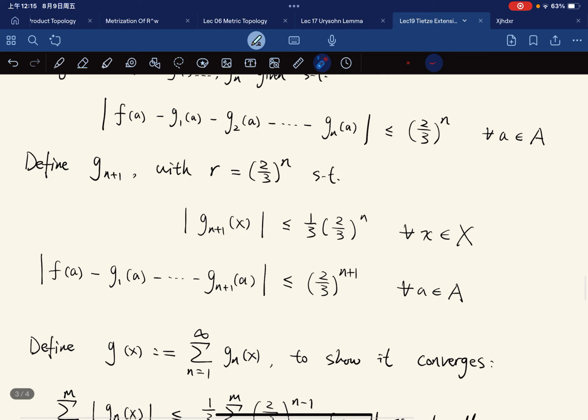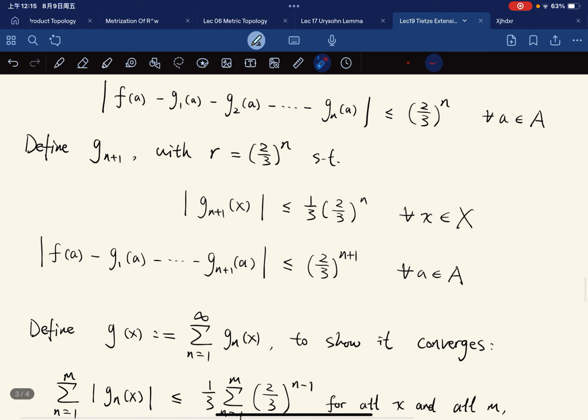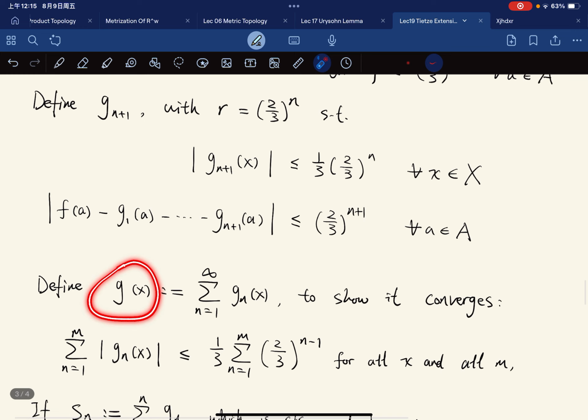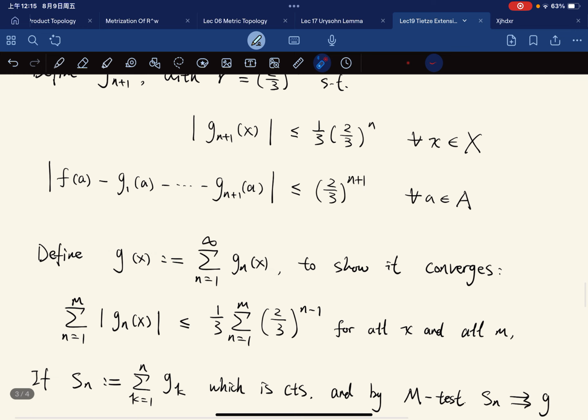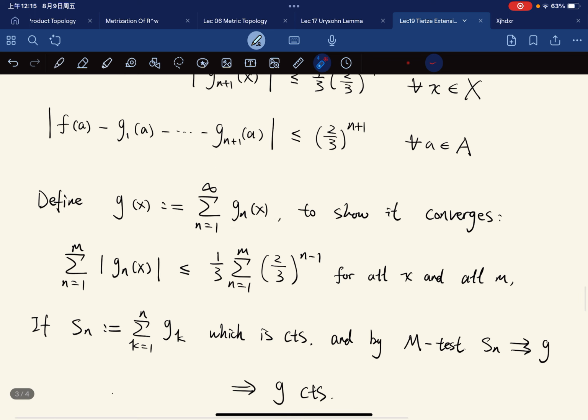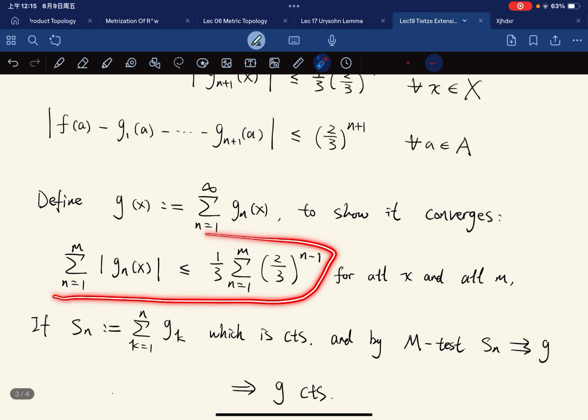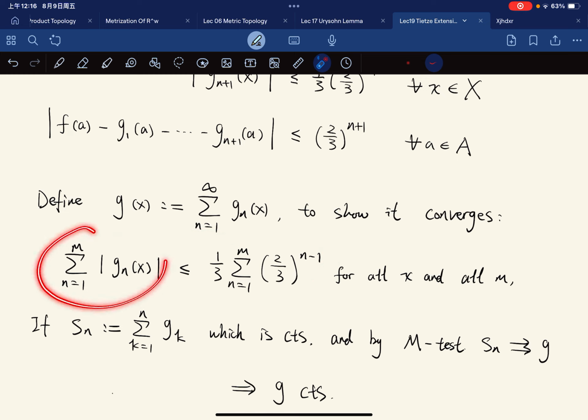So as I stated before, it is going to shrink. And we define g as the series of these gn. To make sure this series converges, we can say that it is bounded by the comparison test.